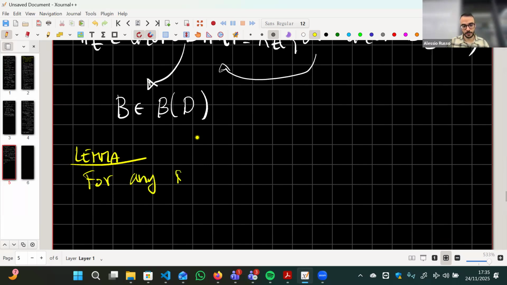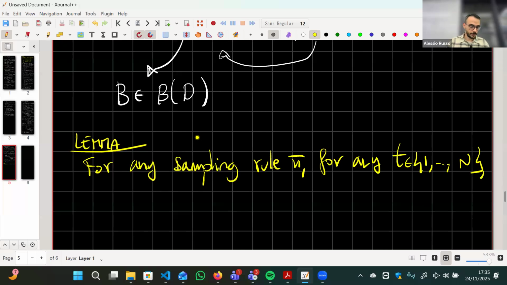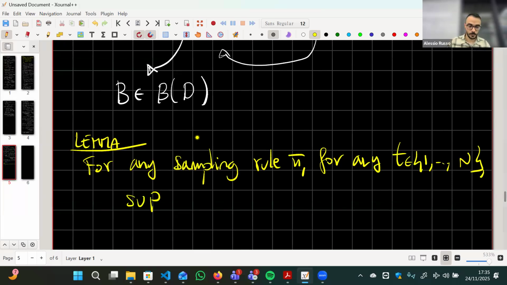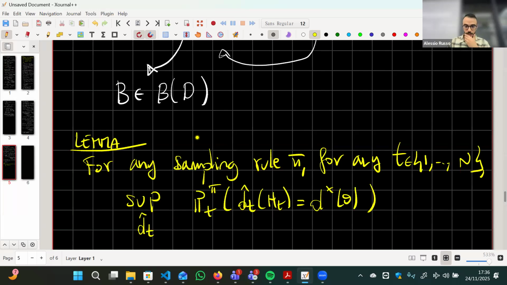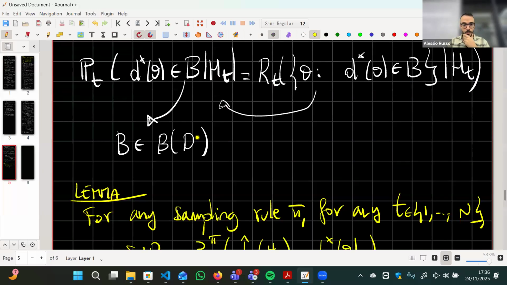For any sampling rule pi, for any time step t from 1 to capital N, the budget, we have that the supremum over d hat t of the probability that our recommendation is equal to d star theta is solved by d hat t of h_t being equal to the argmax over hypotheses of the posterior distribution that we defined before, this one.